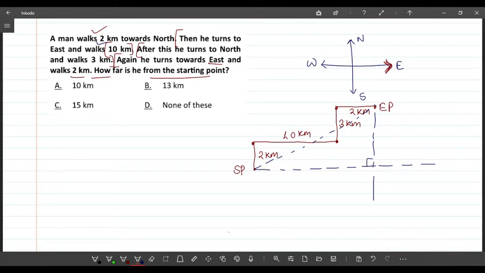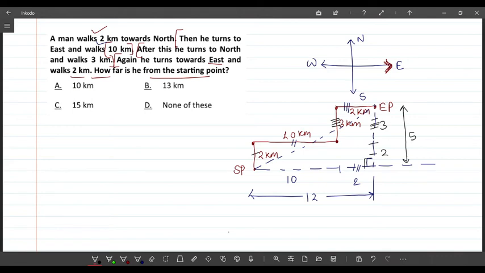In this right angle triangle, this length is equal to this length, which is 10, and this length is equal to this length, which is 2, and 10 plus 2 makes this base 12. Similarly, this particular length is equal to this length, which is 3, and this is equal to this length, which is 2, which means 3 plus 2 makes it 5.